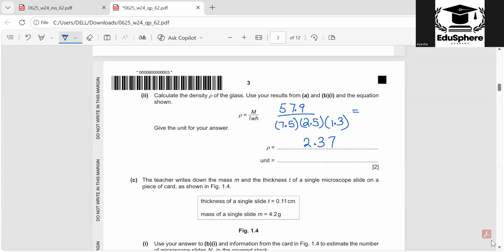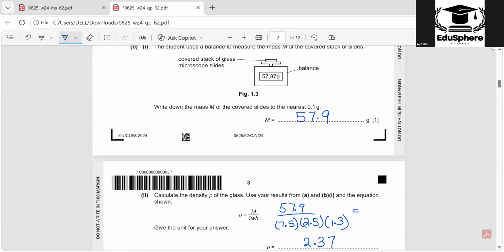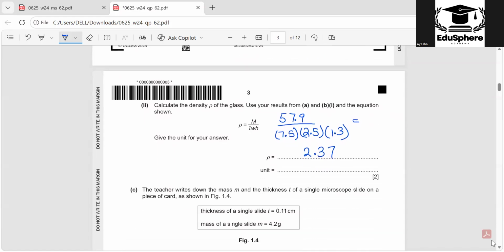The mass is in grams and all the lengths were in centimeters, so the unit will be gram per centimeter cubed.